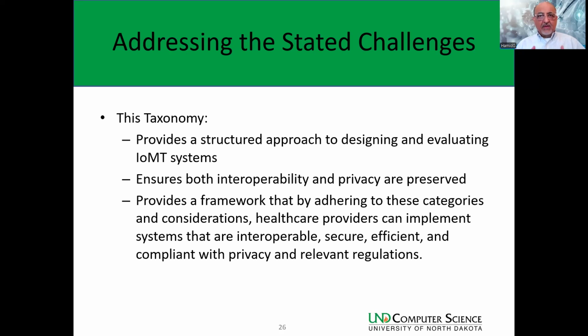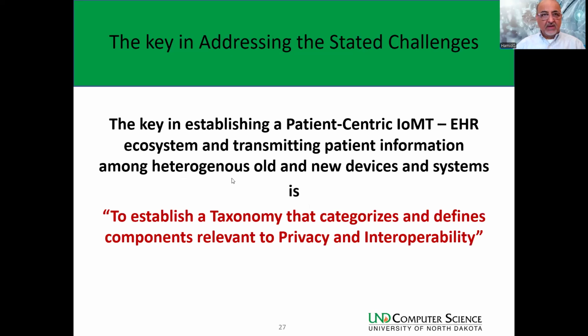So the population, the doctors' offices and hospitals, all those, they want this guarantee. So if you can come up with a taxonomy that, by adhering to it, addresses all these challenges and provides you with the quality attributes that are needed, then complying and adhering to it would be a simple thing.